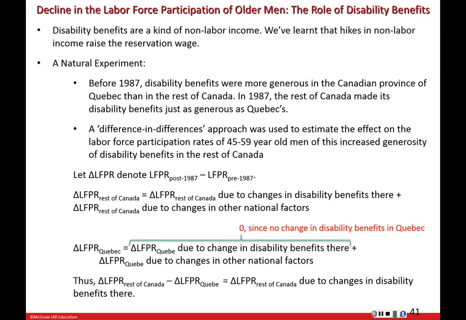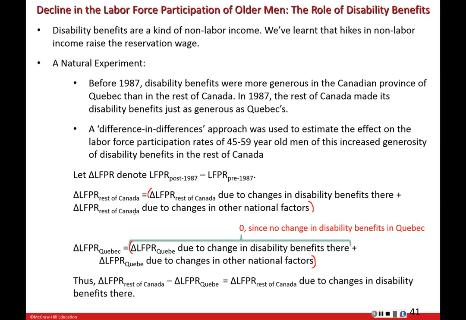So that would be this item in brackets here, minus this item in brackets here. Correct?